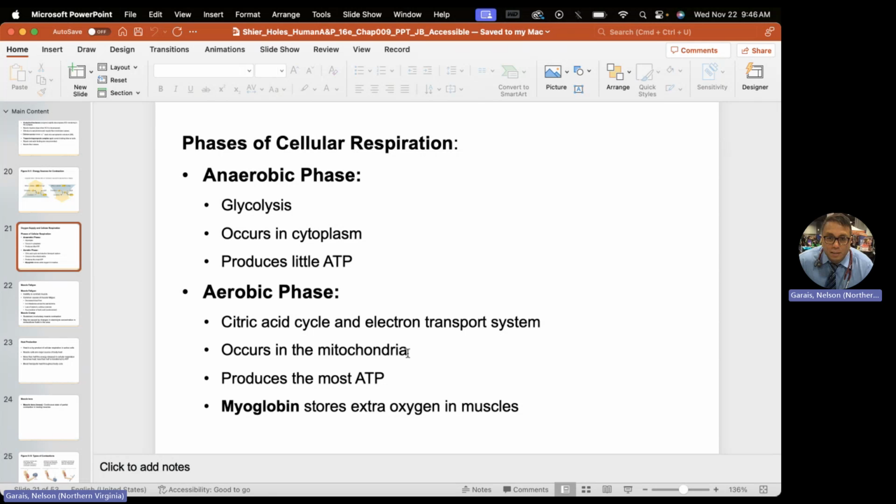Now, where did we get all that oxygen from? Of course, it's cellular respiration, but when we're not using it, we store oxygen in muscles in the form of myoglobin. Myo, muscle, globin, protein. So that's the protein that stores oxygen. And we need that for the aerobic phase, which is both the TCA-Krebs cycle and the electron transport chain.